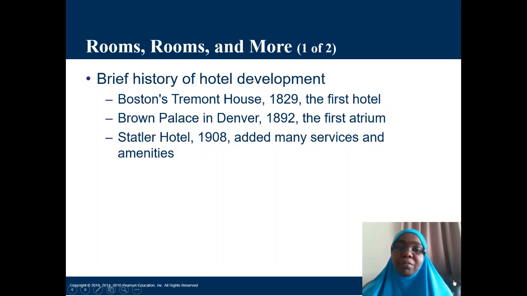We also have the Brown Palace in Denver, established in 1892, which was the first atrium, followed by the Statler Hotel in 1908. This hotel added many other services and amenities to the lodging. So apart from the rooms, there were also other services and amenities.